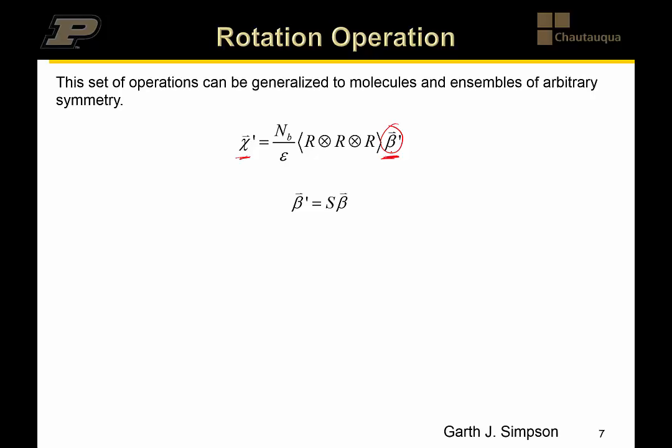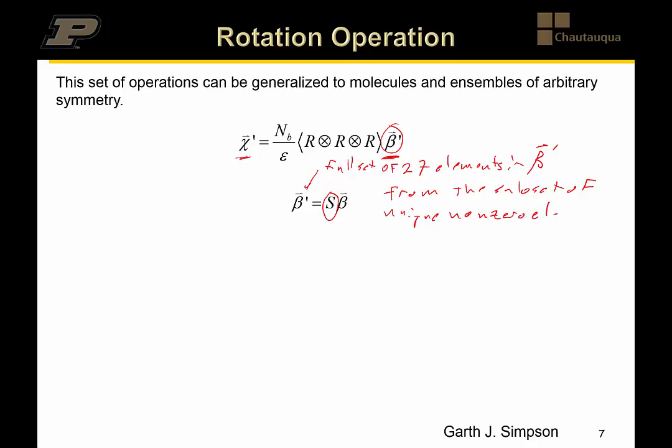So these symmetry matrices, for this one here given by S, allows us to populate the full set of 27 elements in beta prime from the small subset of unique non-zero elements in beta.